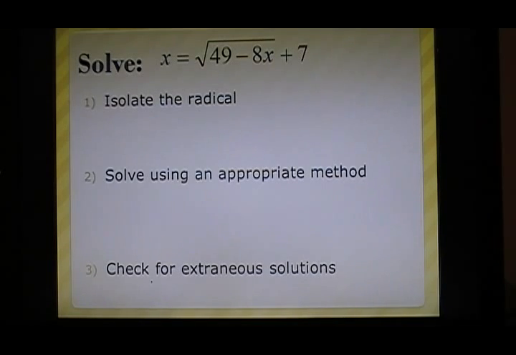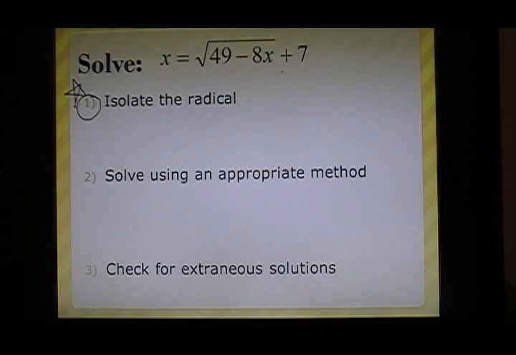Same thing here. We want to isolate the square root so that we have this statement that some number is the square root of 49 minus 8x. Okay, so always, always, always, big star here. Before you do any of your squaring, you always want to make sure that you're isolating your square root first.